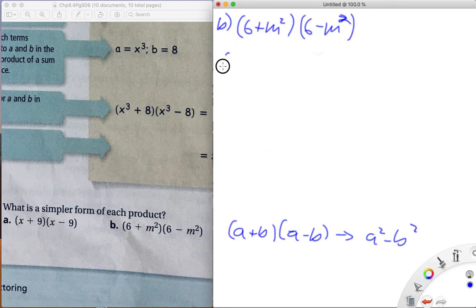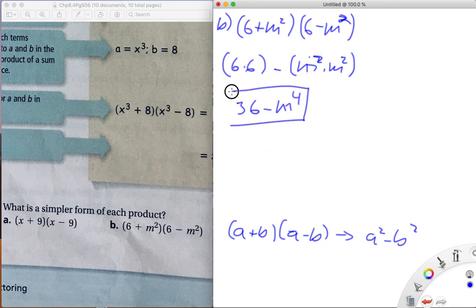So that's going to be 6 times 6 minus m squared times m squared. 6 times 6 is 36. And then m squared times m squared is m to the 4th. And that's it. That's all I do.